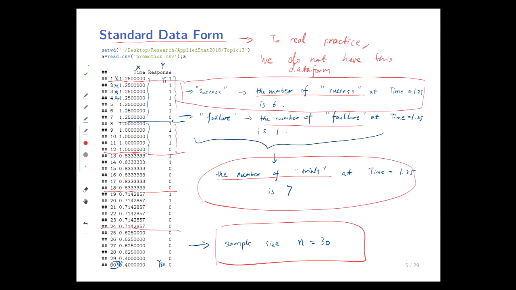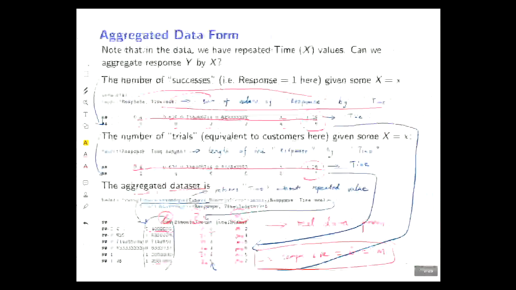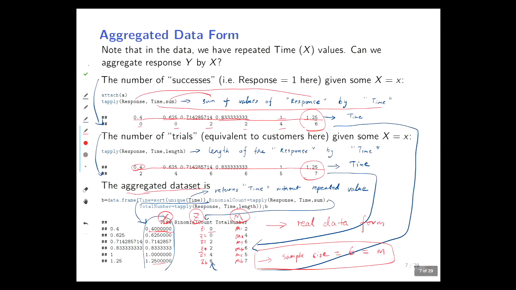If we have this standard data form, we have the binary model. Just use this model directly. And if we have the aggregated data form, we just use the binomial model directly. So that's easier for you.